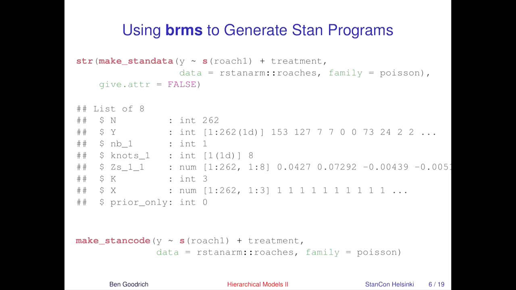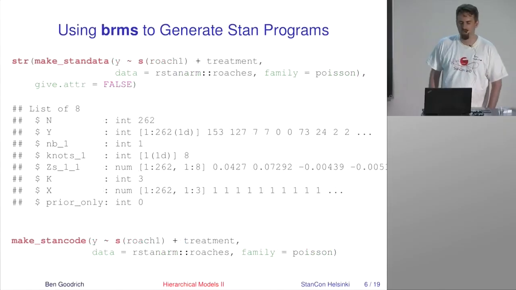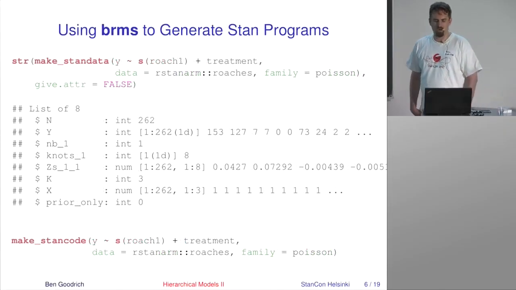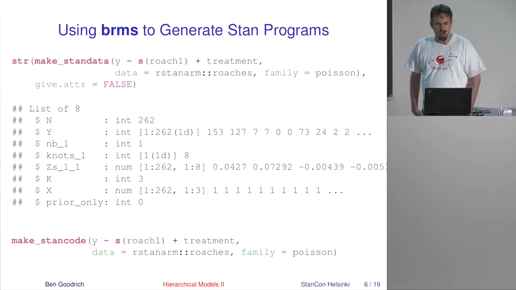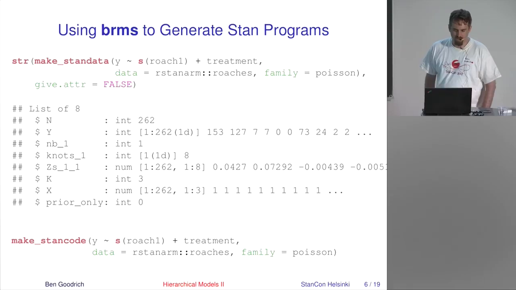N, which is the total number of observations, 262. Y, which is a one-dimensional integer array that goes up to 262, for the count of the number of roaches at the end of the experiment. NB, I forget, but it's 1.